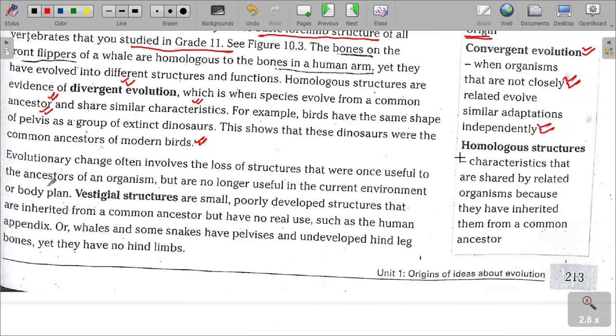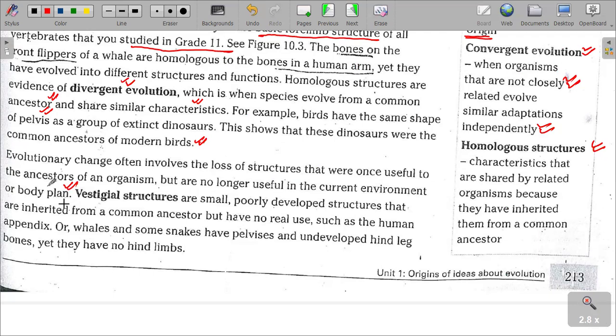So I've already explained homologous structures, and then evolutionary change often involves the loss of structures that were once useful to the ancestors of an organism but are no longer useful in the current environment, or the body plan of the organism of today.